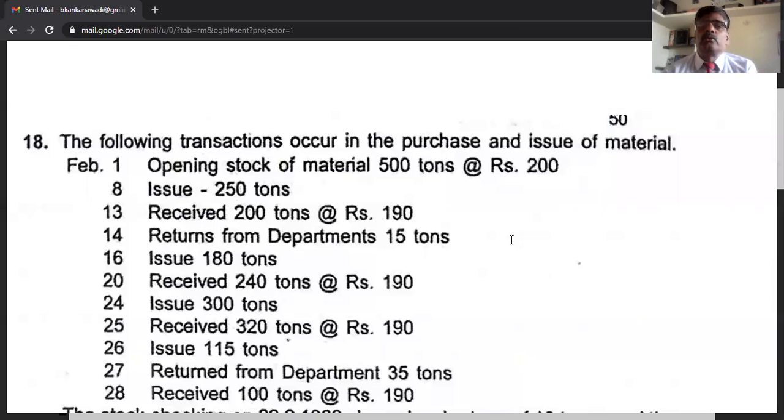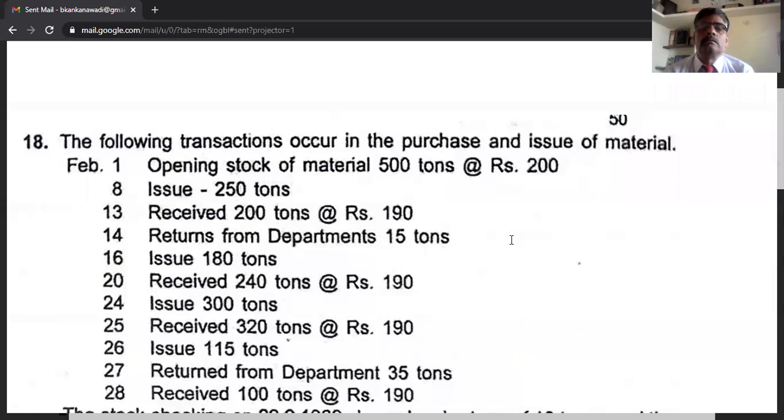Opening stock goes to the balance column, and issue 250 you record in the issue column. Then receipt 200 units, you record in the receipt column. Return from department is there.